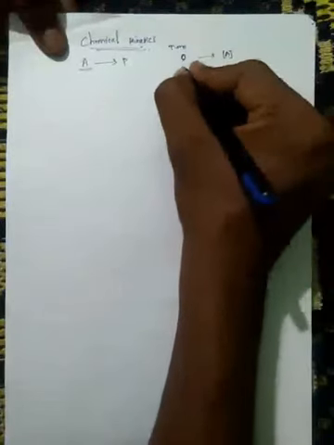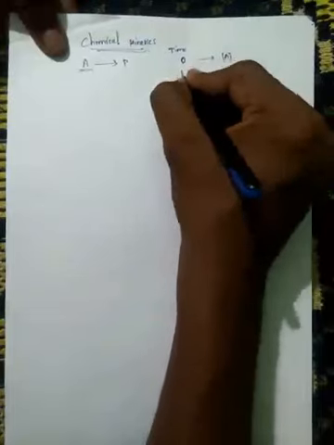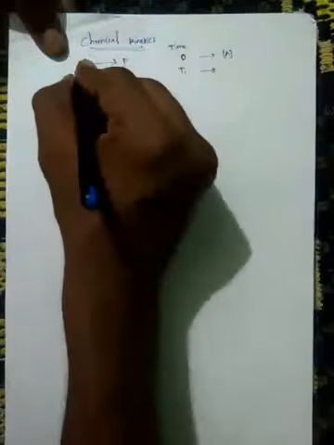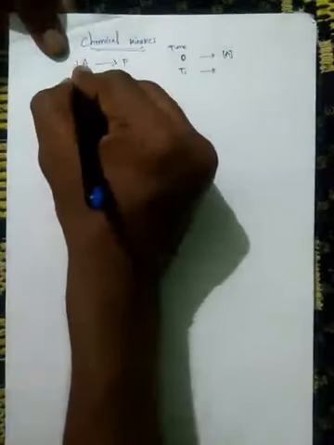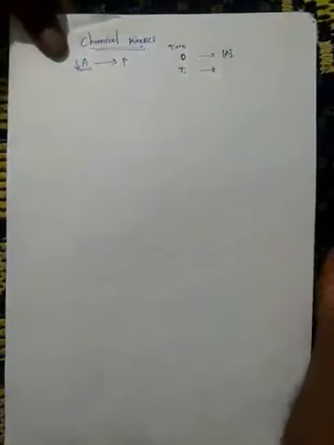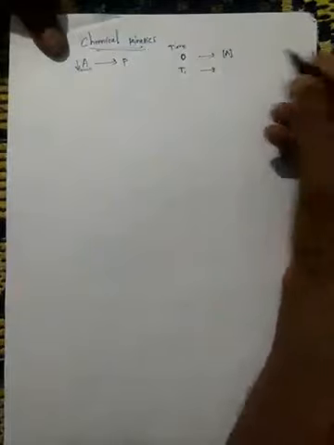Let me say at time T1, the concentration will decrease. The reactant concentration will decrease as the reaction starts. As the reaction proceeds, the reactant concentration decreases with time. So the time actually increases, maybe say 2 minutes or 3 minutes.